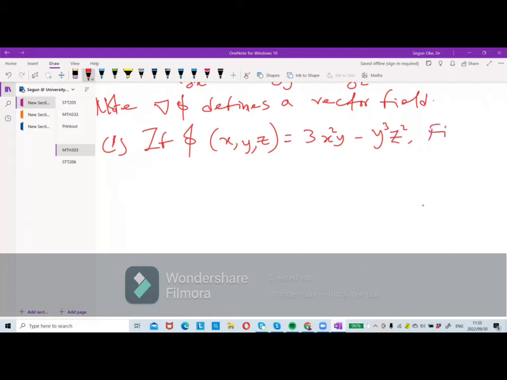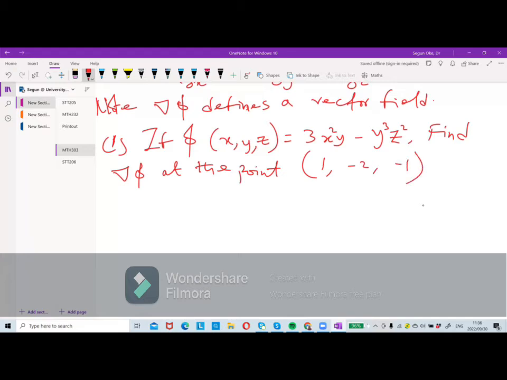Find the del of grad of phi at the point (1, -2, -1). It is the same question we solved before, but you will see the difference now.